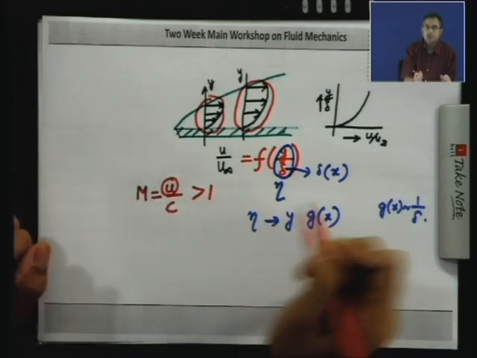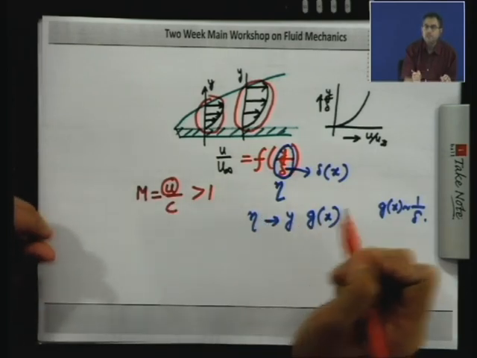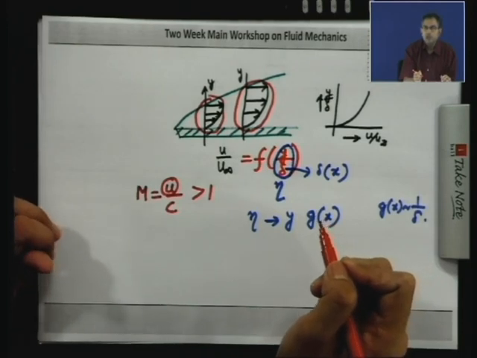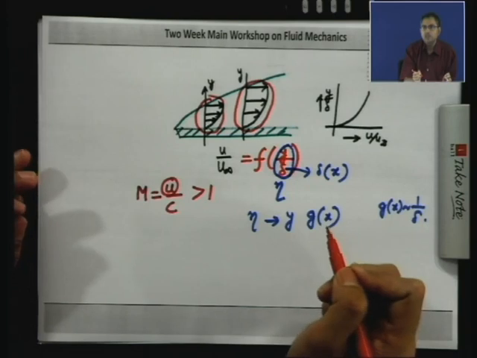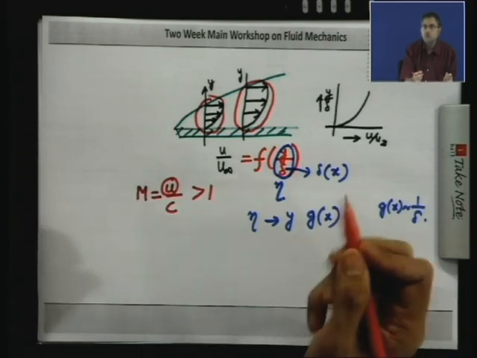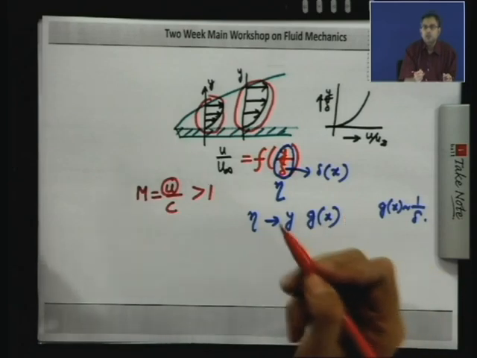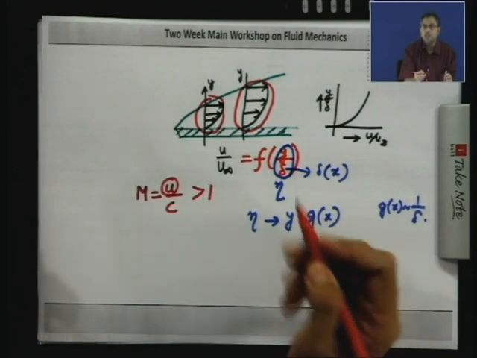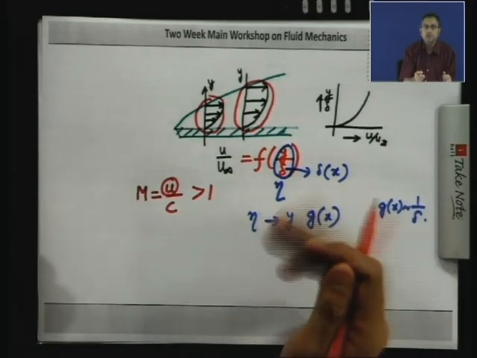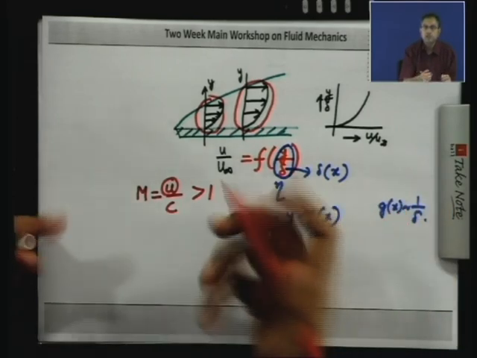That means the source of disturbance moves at a speed faster than the sonic speed. Because of this, there is accumulation of disturbance at certain locations. Disturbance cannot be diffused instantaneously. So this accumulation of disturbance is released at certain locations in the form of shock. That is the physical mechanism of shock in a compressible flow.